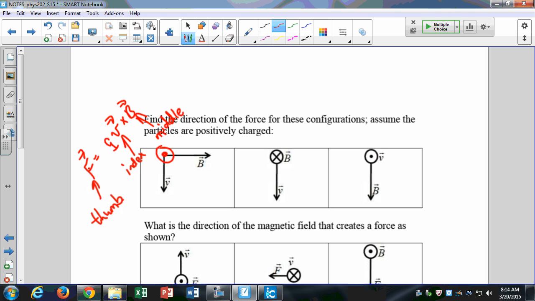How about this next one? Here my magnetic field is going into the page.